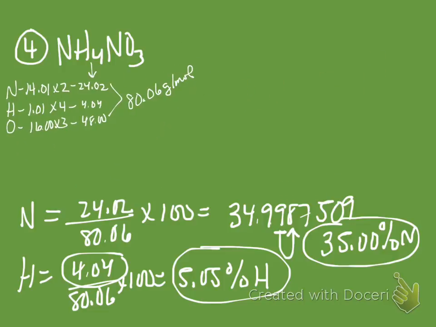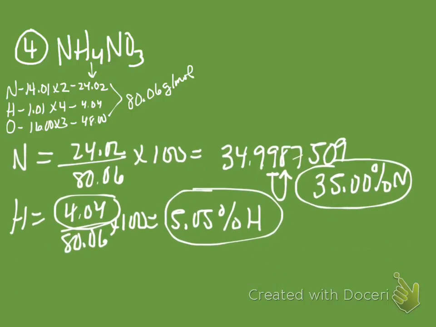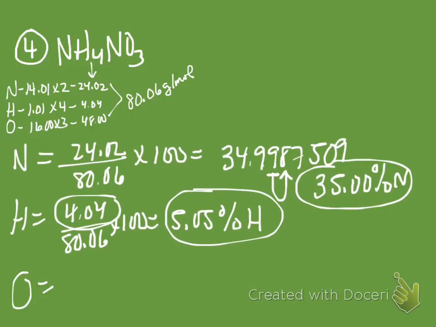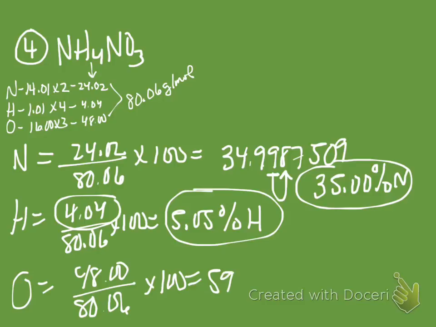Let's shrink that. Let's move these guys up. Okay, and then for oxygen we have 48.00 divided by 80.06 times 100. We get 59.96% oxygen. That's it. Okay, that's the first one.